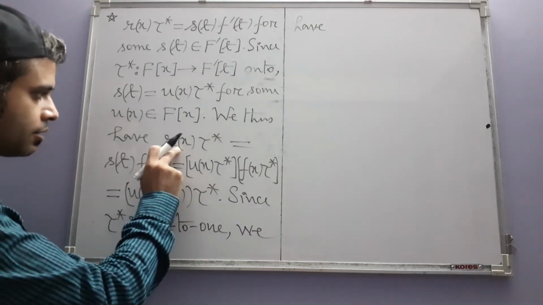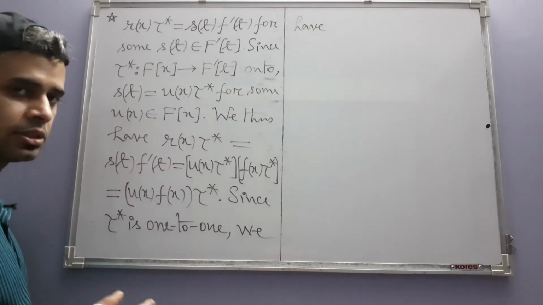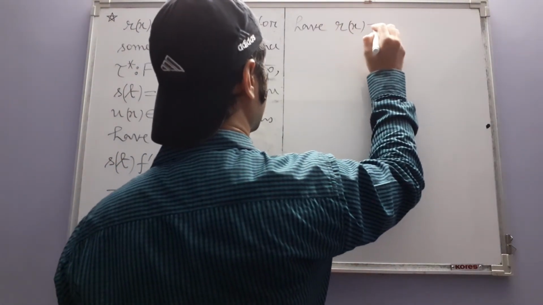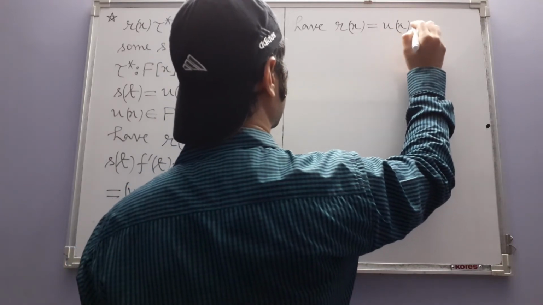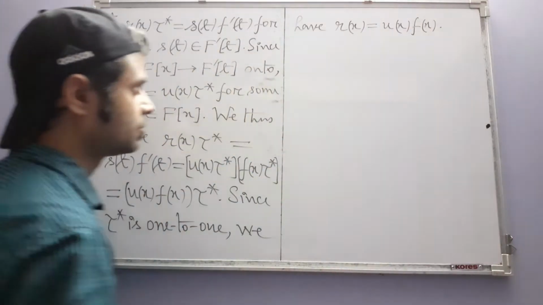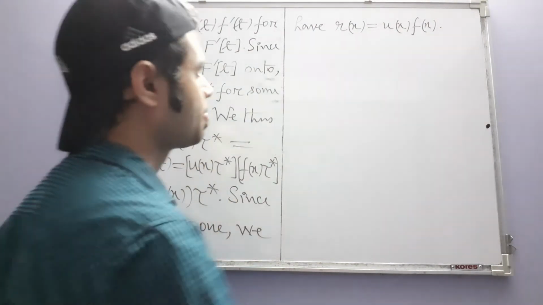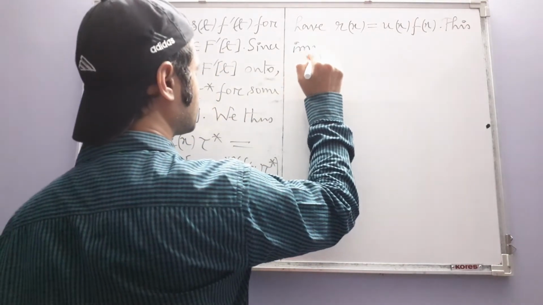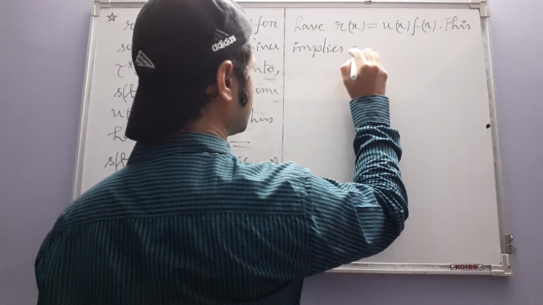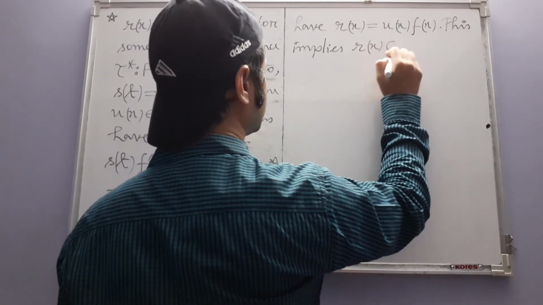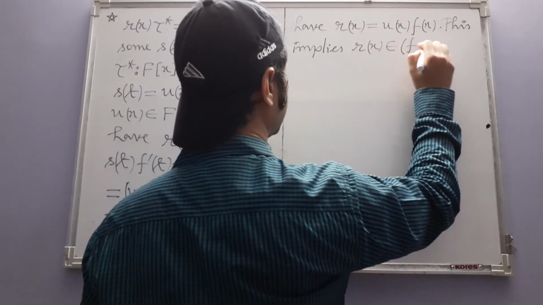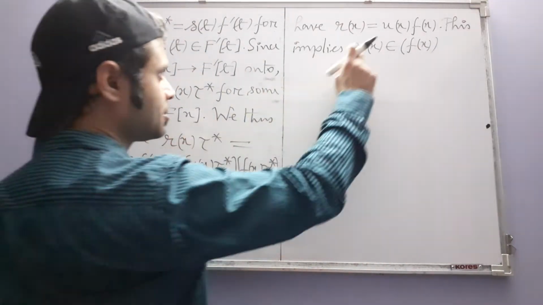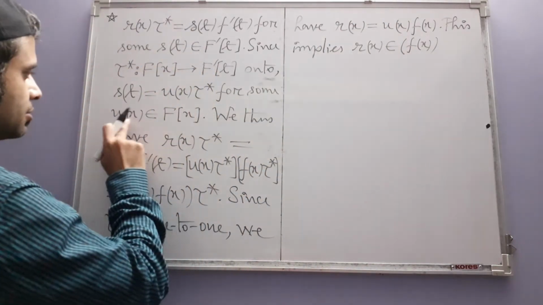The images are equal, that means the inputs, the original elements should also be equal. We have Rx equal to Ux Fx. Now what does this imply? This implies that Rx belongs to the principal ideal generated by fx in the polynomial ring fx. That is because this ux is coming from fx.